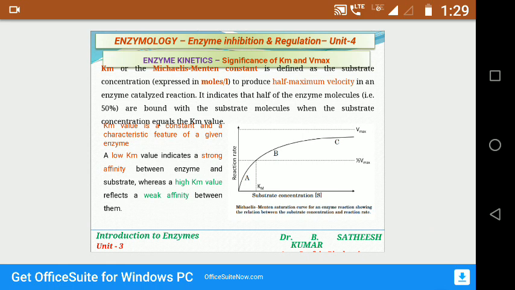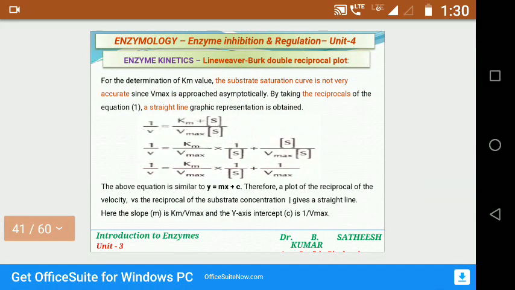And here, one drawback while using the substrate saturation curve is that the curve is not at all straight. So therefore, it is not accurate. We cannot measure the Km value accurately by using this curve.